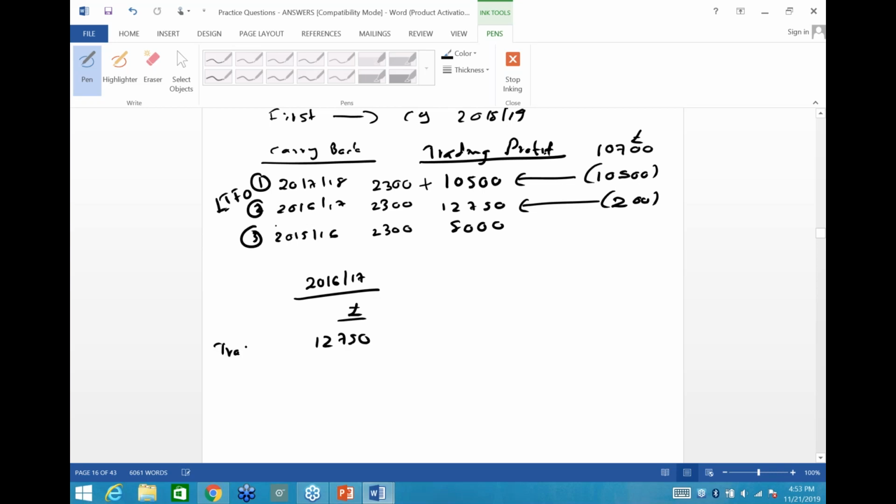That's the trading income. Then you have savings income of 2,300. So non-savings income 12,750, savings income 2,300. So you have 15,050.